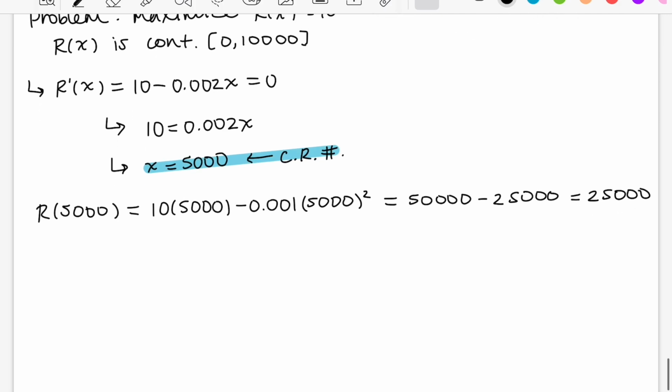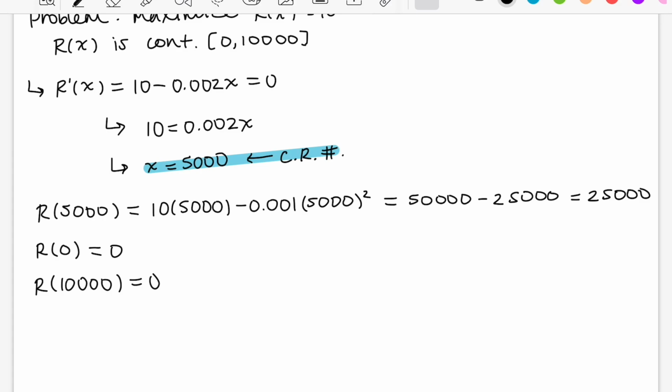Okay. And then evaluating our revenue at the first endpoint, 0, we're just going to plug in 0 for our x values and get 0. And then evaluating it at our last endpoint, let's write that a little nicer, we'll also get 0. Okay.